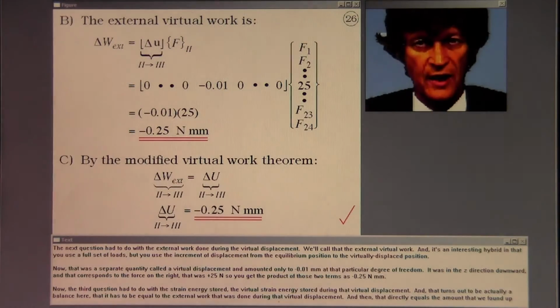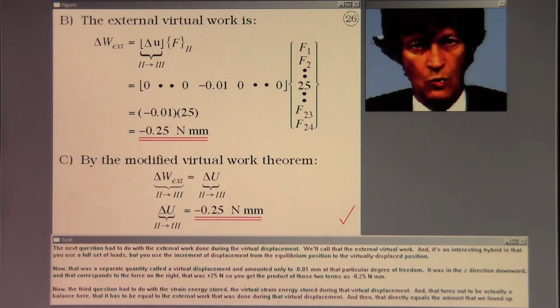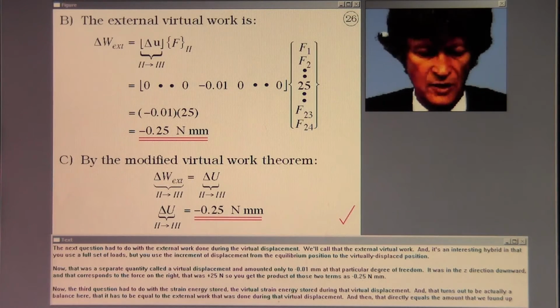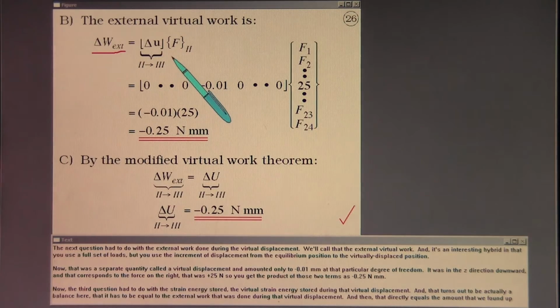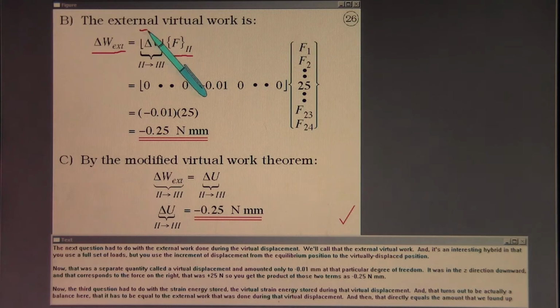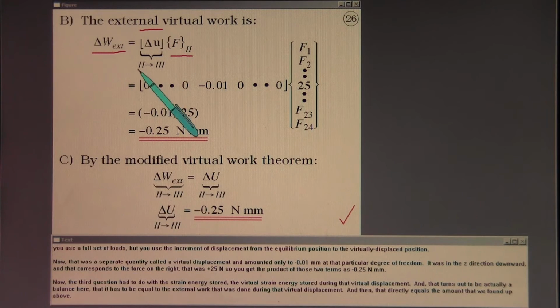The next question had to do with the external work done during the virtual displacement. We'll call that the external virtual work. It's an interesting hybrid in that you use a full set of loads, but you use the increment of displacement from the equilibrium position to the virtually displaced position.